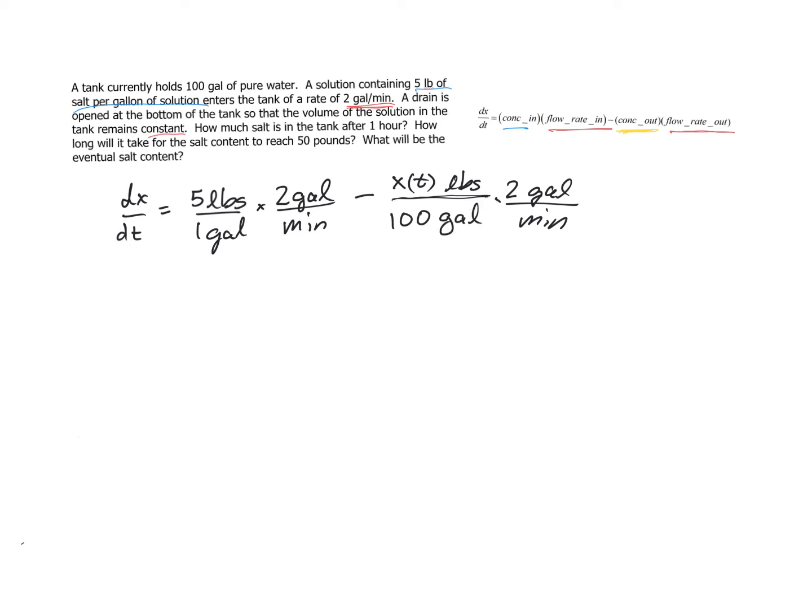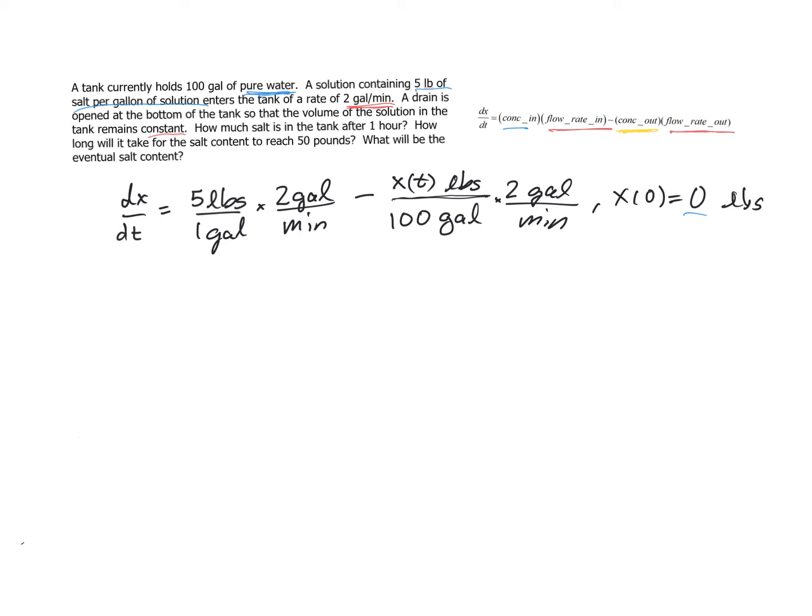So our equation is dx dt equals 5 pounds per gallon times 2 gallons per minute minus x of t pounds dissolved in 100 gallons times 2 gallons per minute. And our initial condition is x of 0 is equal to 0 pounds because they tell us in the problem that we have pure water at the start. So pure water means there is 0 salt content in the tank.